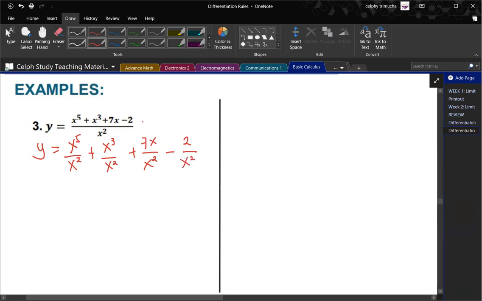So individual natin sila. Okay, so x to the fifth divided by x squared. So minus lang natin ang exponent, capital ang x. 5 minus 2, that will be 3. X cubed na siya. Plus, capital ang x, then minus ang exponent, 3 minus 2, that will be equal to 1. So pwede na lang wala na siya sa imong exponent.